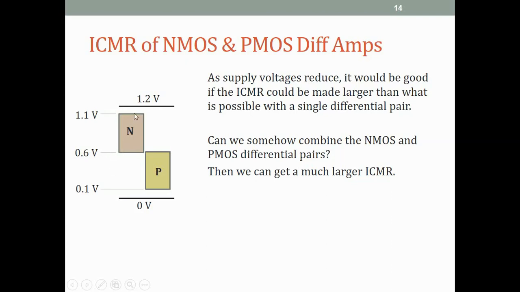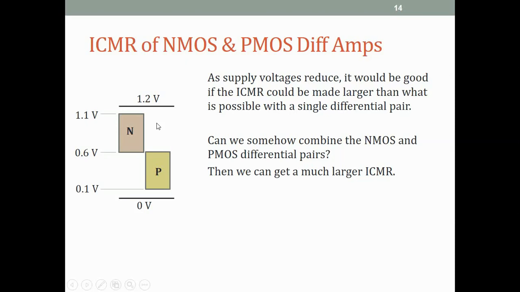So again, as I said, about 40 years ago, people started thinking about this possibility that was to occur in the future. And they said, well, can we do something to increase the ICMR of operational amplifiers? If we use only an NMOS or only a PMOS, the range is a small fraction of the total VDD.